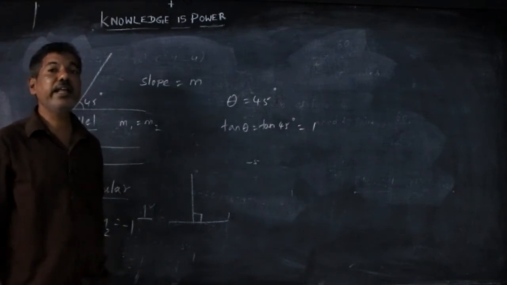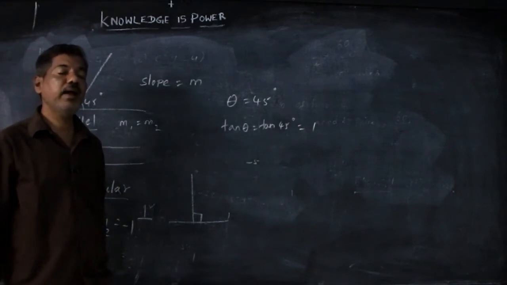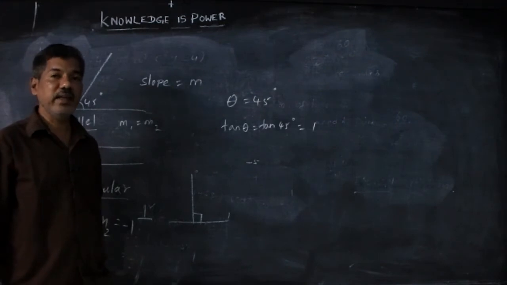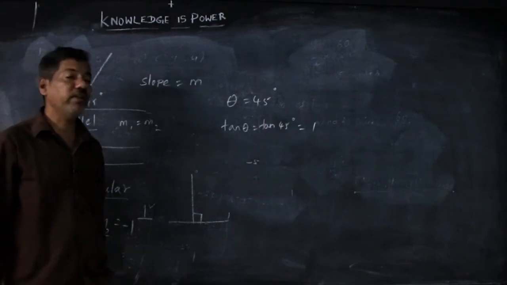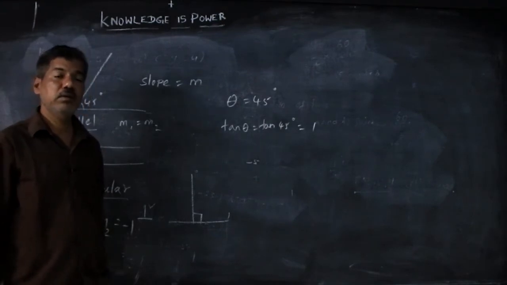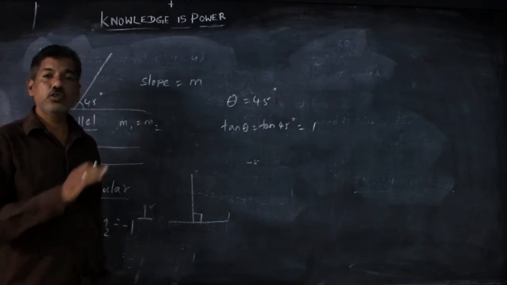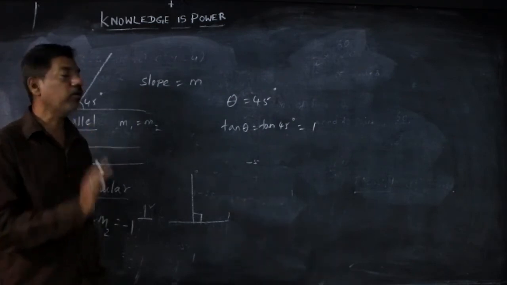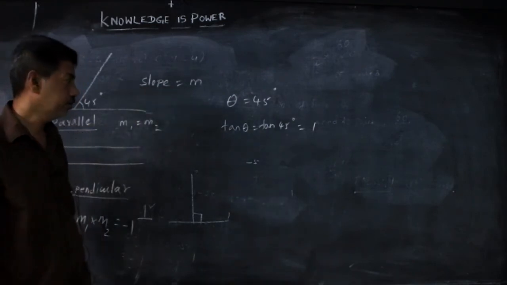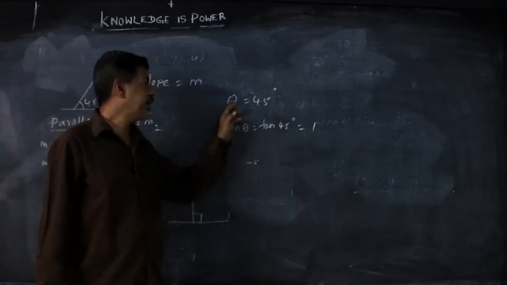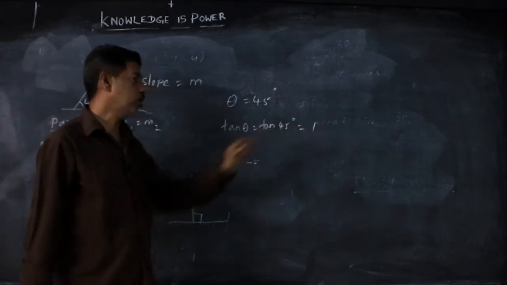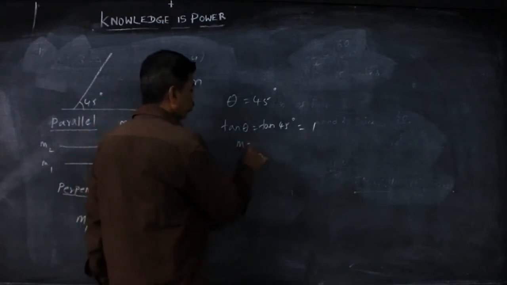Last year you studied the table in trigonometry. Tan 30 is 1 by root 3, tan 60 is root 3, tan 45 is 1. It's clear? Tan 0 is 0, tan 90 is infinity. For this condition only tan you have to recall, not sin, cos and all. Okay, tan theta, instead, tan 45 equal to 1. M equal to 1 now.